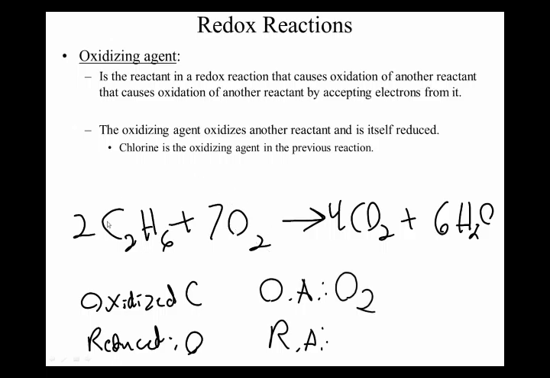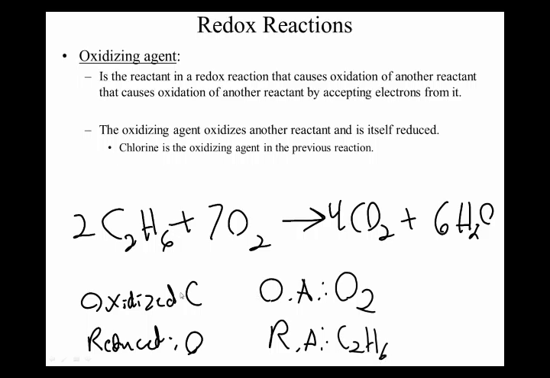The reactant that did it. The reducing agent is C2H6, right? Because when we talk about the oxidizing agent, we don't really care what happens to it afterwards. We just care that it does oxidizing, and the reducing agent, we only care in that it reduces something, right? So we refer to it as its whole compound.